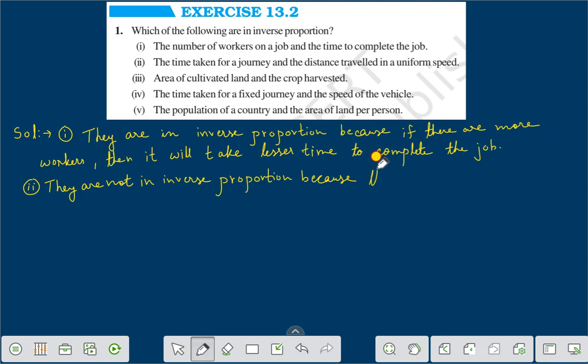The more the distance traveled, the more time it will take.